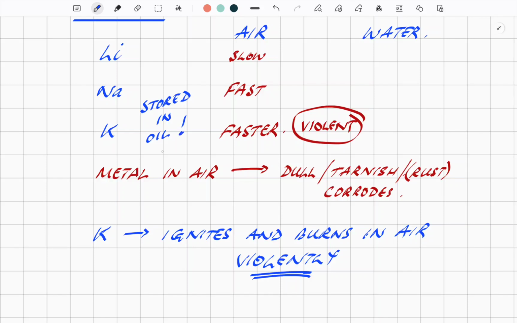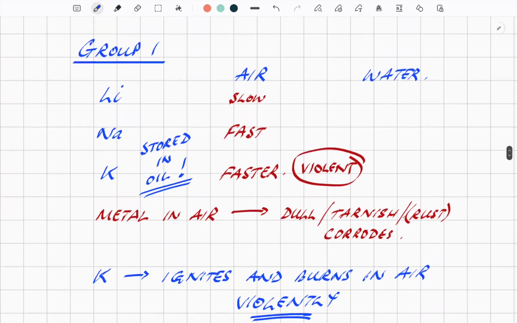Why do we do that? Because it will react with water and air. If you just have it open to the air, the stuff will just react and start burning. And that effectively is a trend that you need to talk about.